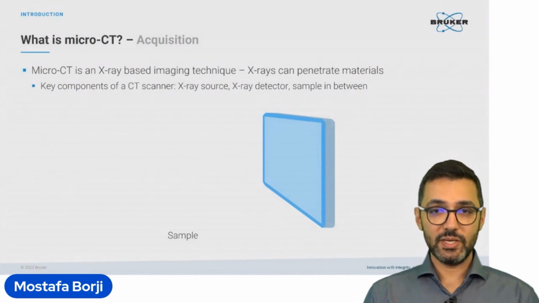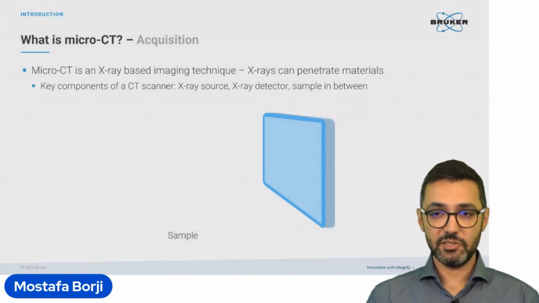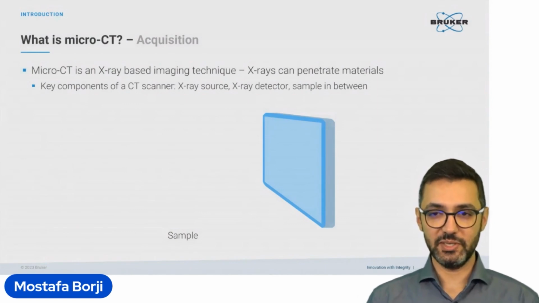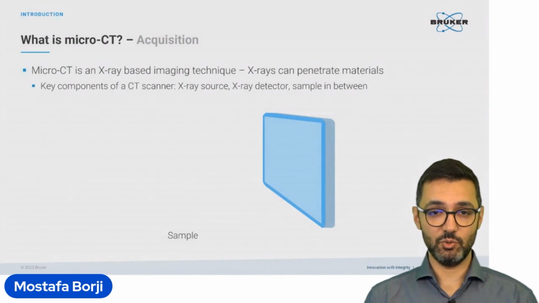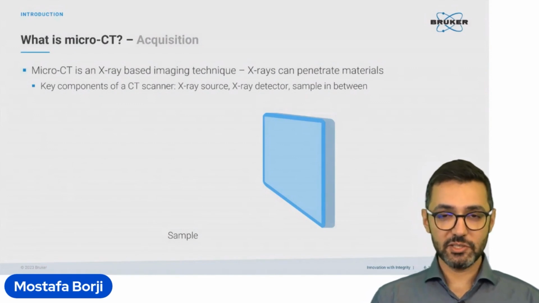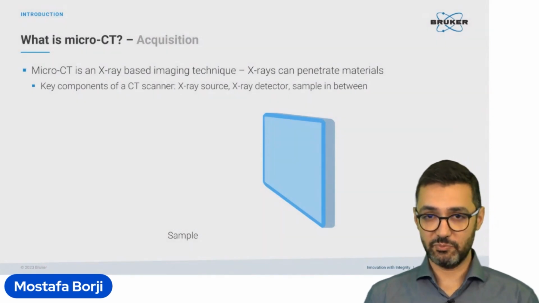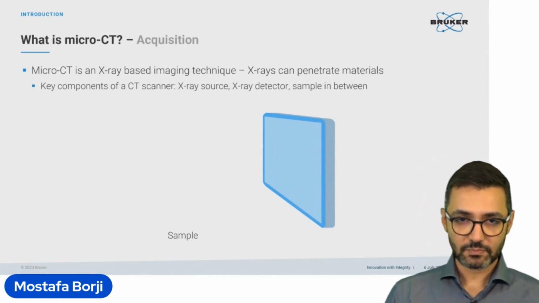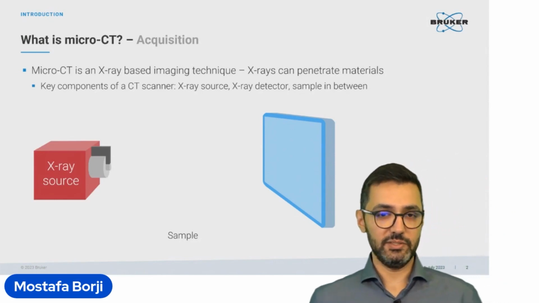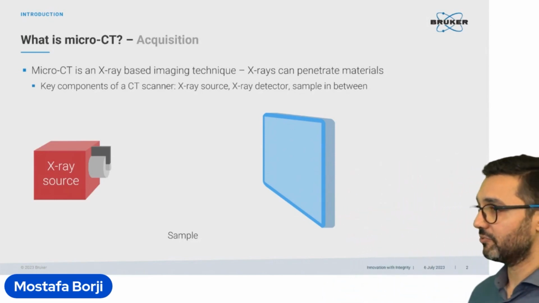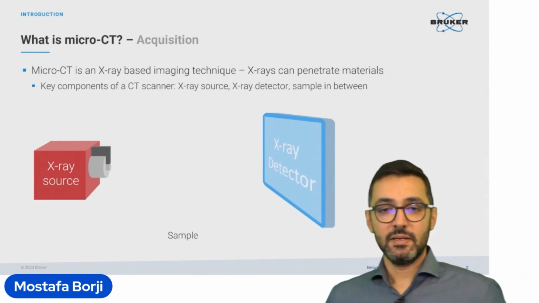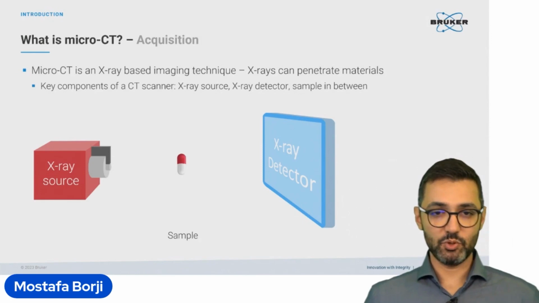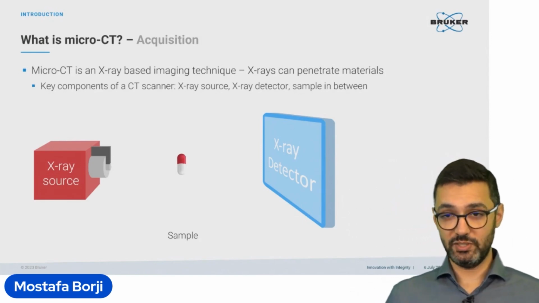We know that X-rays can penetrate materials, and therefore we use this specific feature of X-rays in order to image the internal structure of any kind of material without destroying it. There are three key components in micro-CT scanning. The very first one is the X-ray source. The other one is the X-ray detector. And of course, the important one is the sample, which goes in between the two.